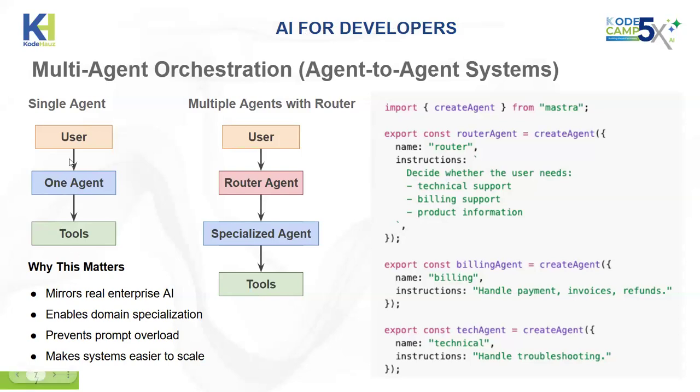This is good, but simplistic. There comes a time when the entire workflow, or the things you have to do, are so complex and there are so many that you really cannot squeeze it into one agent to do everything.